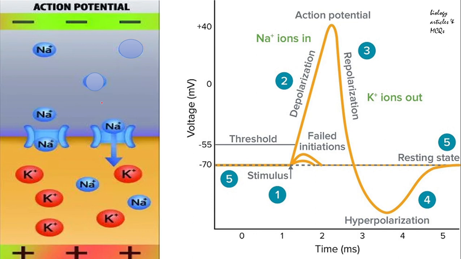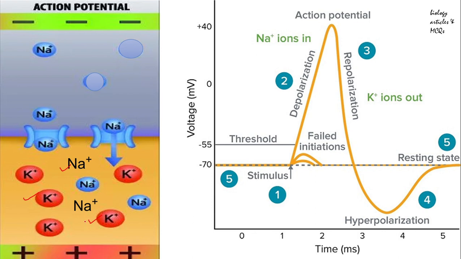So here the voltage gated channels are passing more sodium ions inside the neuron cell. So here you can see that the concentration of the positive ions inside the neuron cell is greater as compared to the outside.